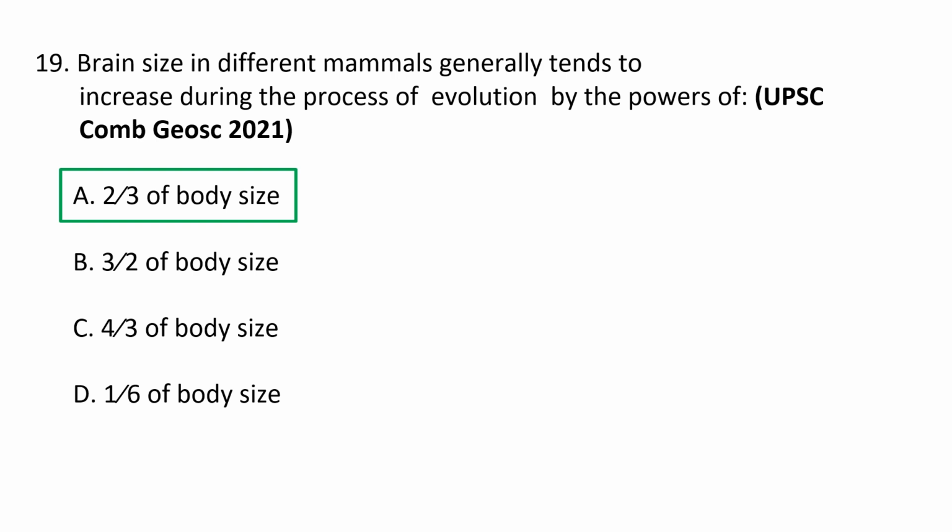Basically, brain size appears to increase regularly with body size by a power law in mammals. Jerison, a scientist, has suggested the possibility of calculating the expected brain mass of any species from its body mass. So A is the correct option.